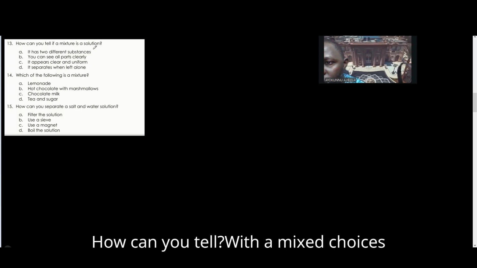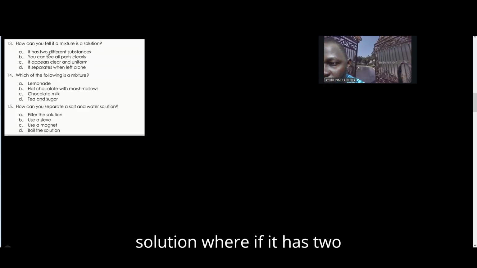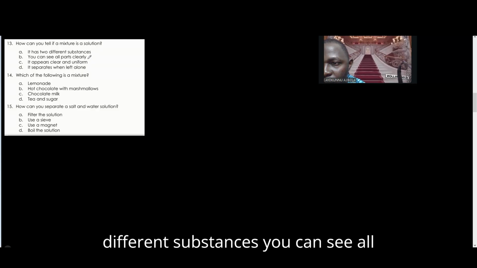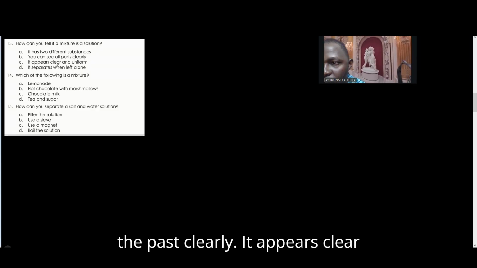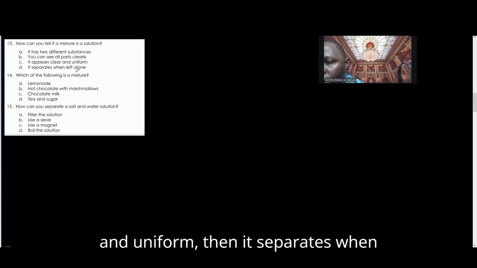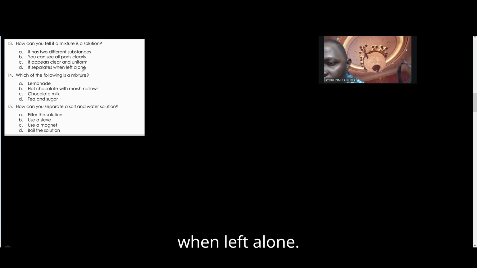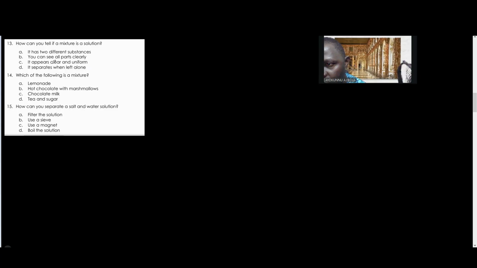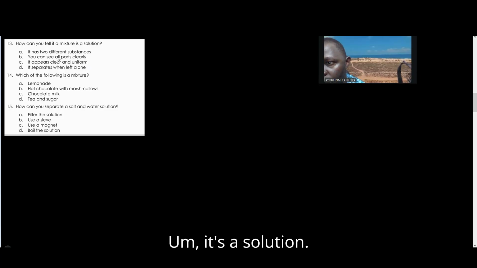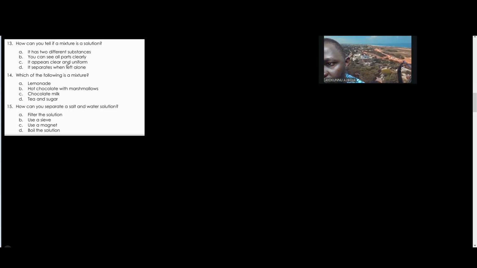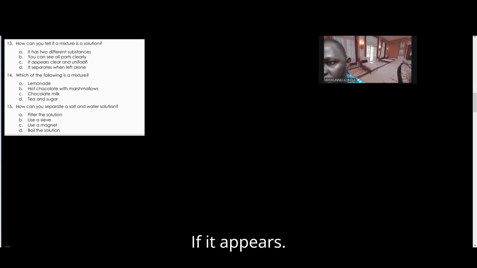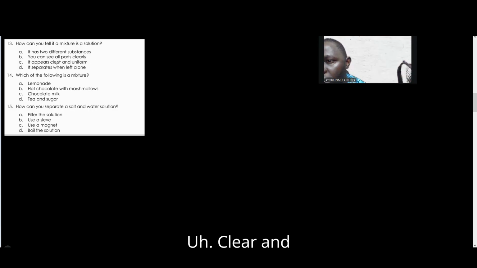Now this next one says, how can you tell if a mixture is a solution? If it has two different substances, you can see all the parts clearly. It appears clear and uniform. Then it separates when left alone. It's a solution if it appears clear and uniform.